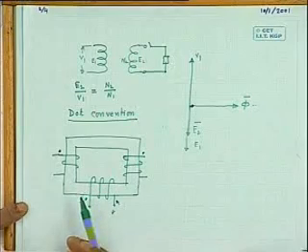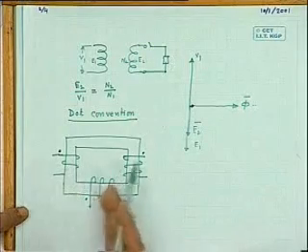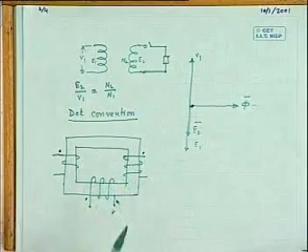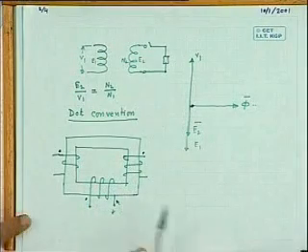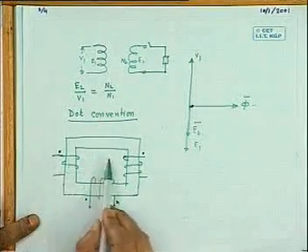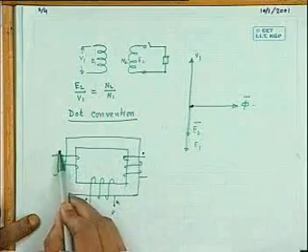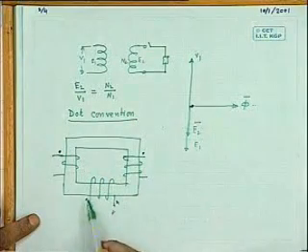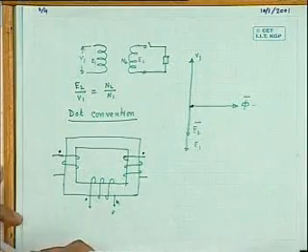Therefore, given the winding's actual sense, without doing any experiment, we can ascertain just by this argument where the mutually coupled dots will be.